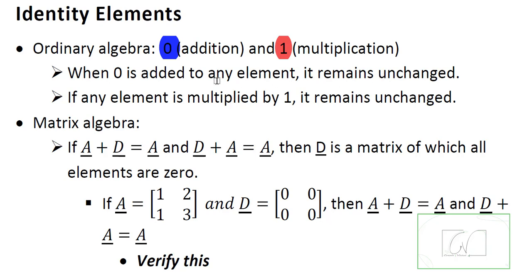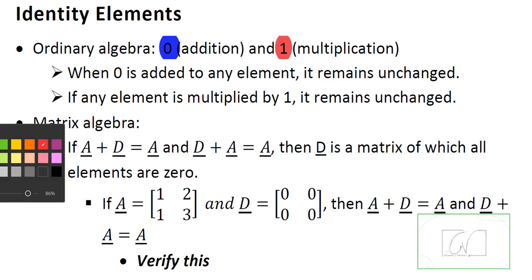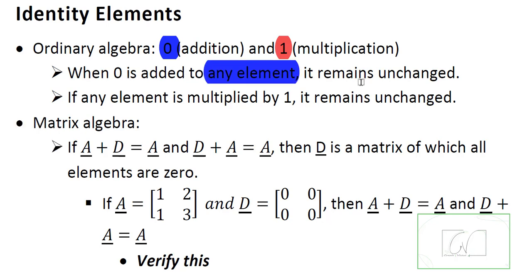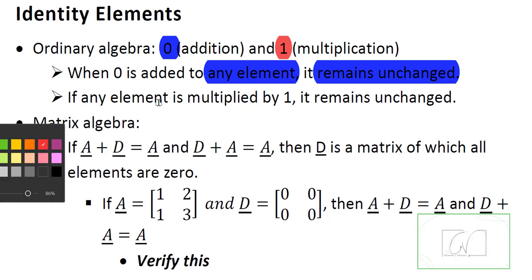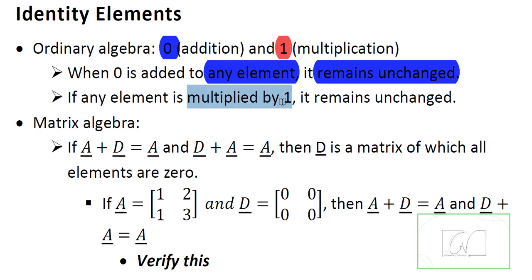For instance, when one person adds 0 to any element, it remains unchanged, right? And if anyone multiplies 1 to any element, it remains unchanged.